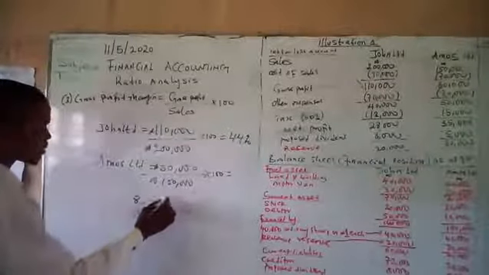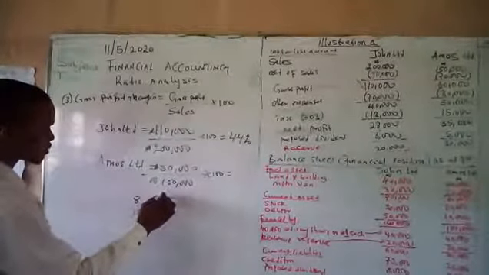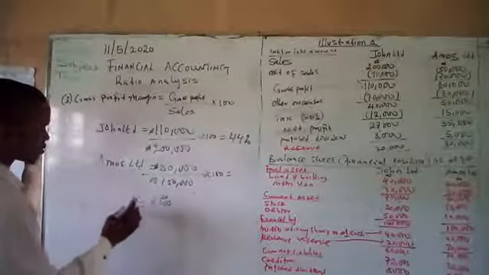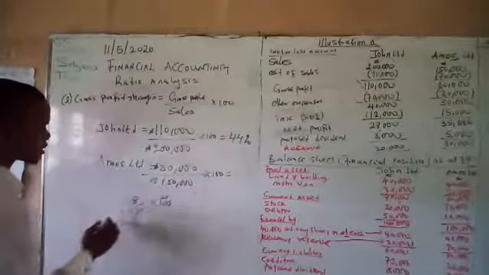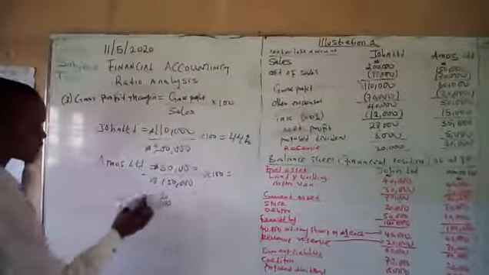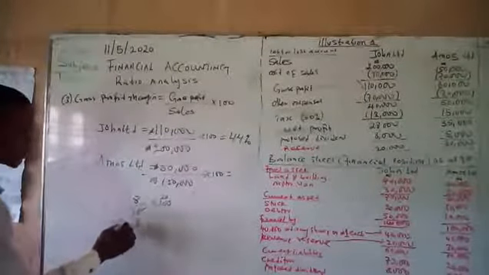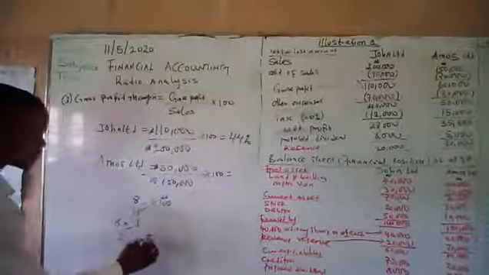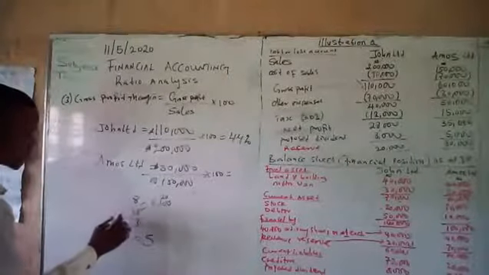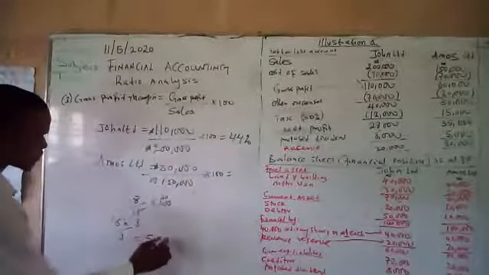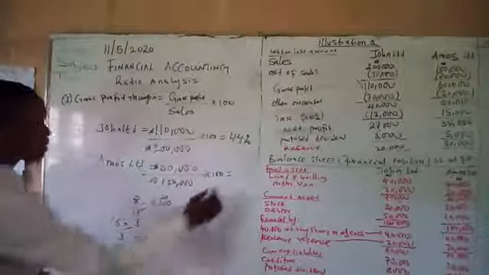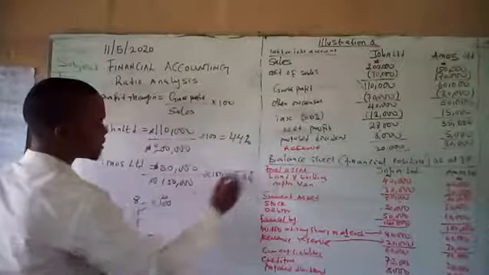Simplifying, 160 divided by 3 is 53.3, so we have 53%.